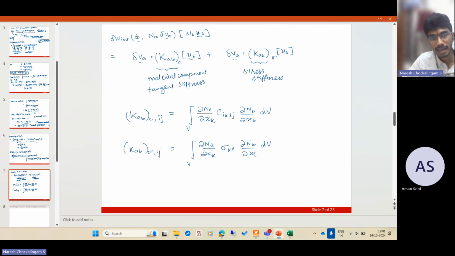But if you look at it, K and L are both fully contracted, so this is a scalar. If you write it in a more concise format, this is equal to del VA dot Kc plus K sigma times UB. So to every component of this, you are adding a constant, that's a delta ij.